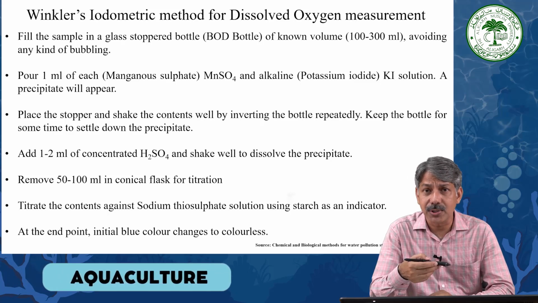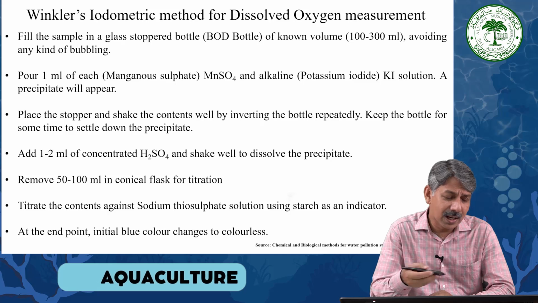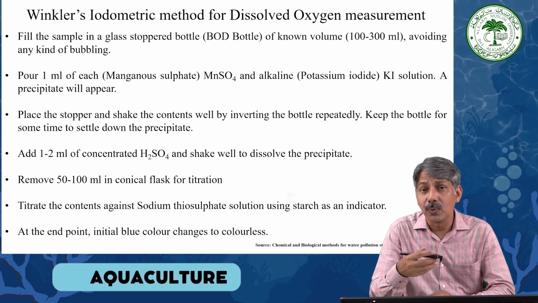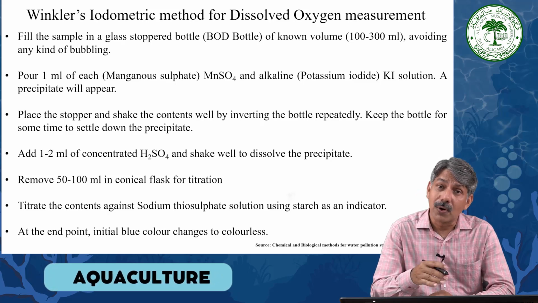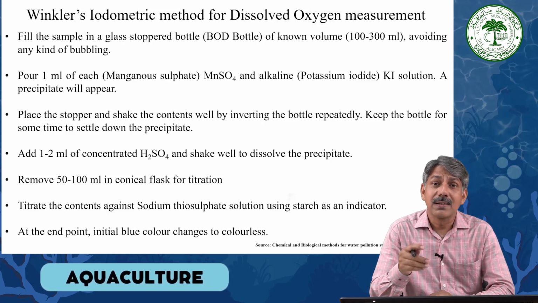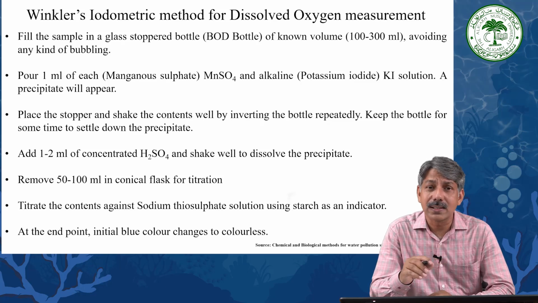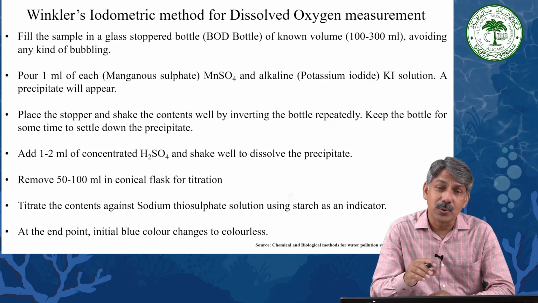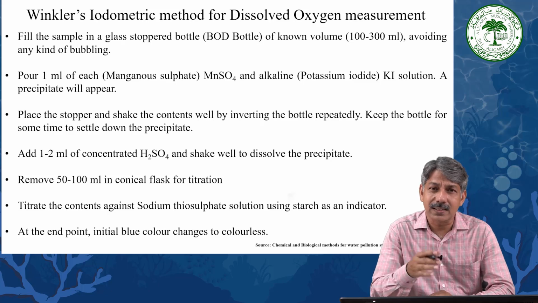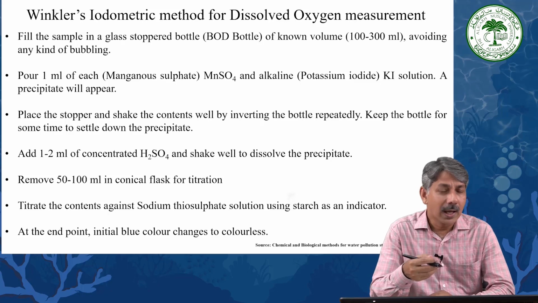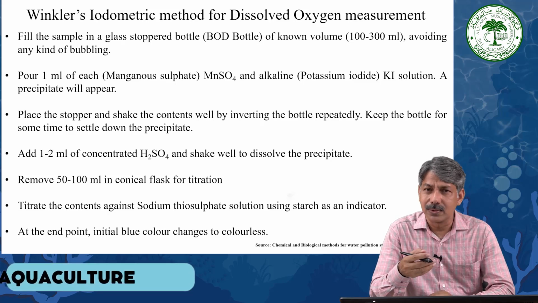The only thing I can tell you here is that while sampling the pond water for dissolved oxygen estimation using Winkler's method, try to sample it in a bottle in a way that no air bubble enters the sampling bottle, fix the dissolved oxygen present in the bottle as soon as possible, and then go for other estimations.